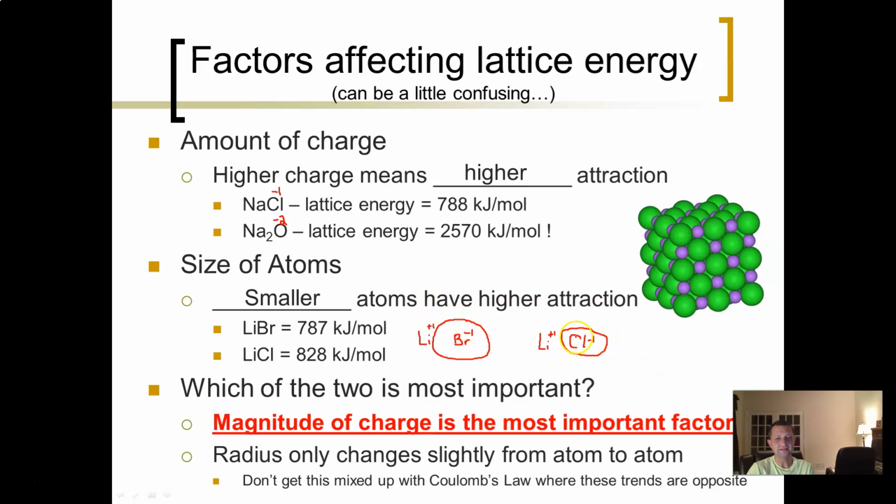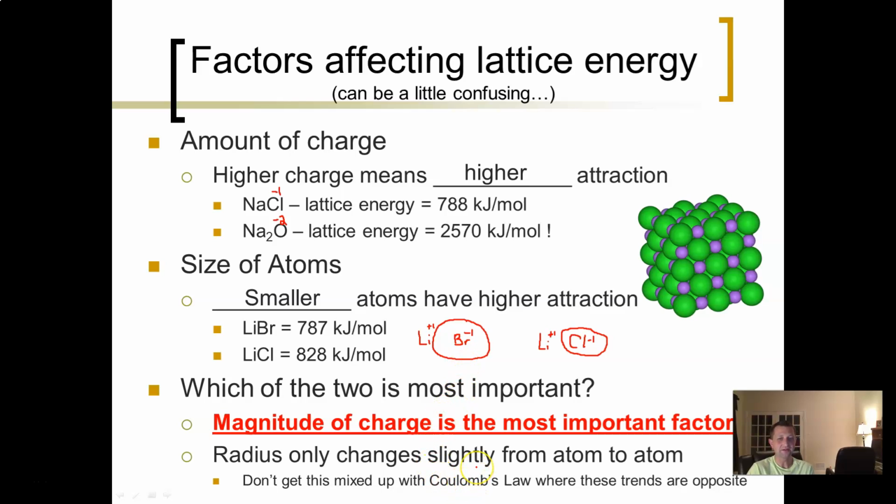If I said, which one's more important here, like shielding, or I should say, nuclear charge, like number of protons, or the size of the atom, the number of energy levels for chloride and bromide. Well, it's definitely the number of energy levels, right? Bromide's in level 4, chloride's in level 3. We're not talking about that here, okay?